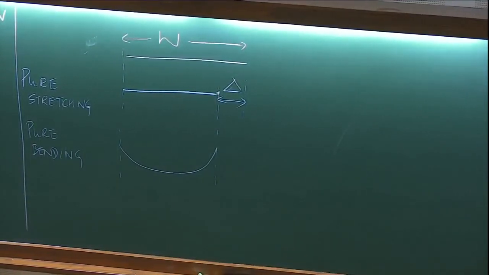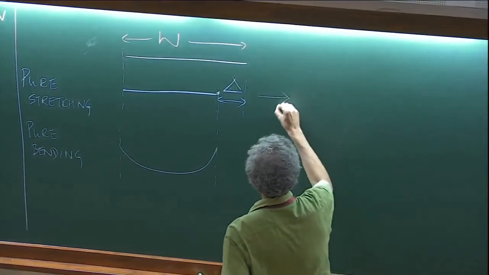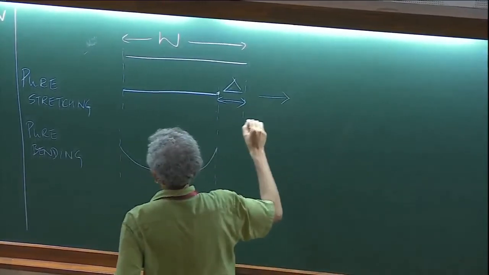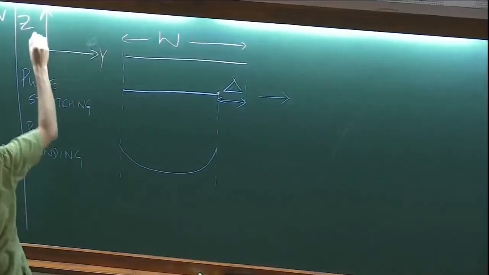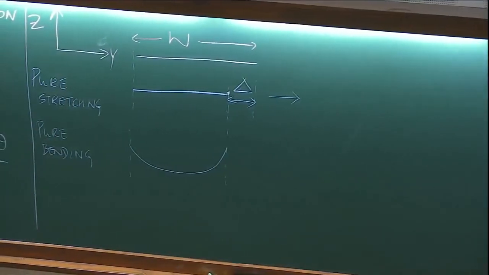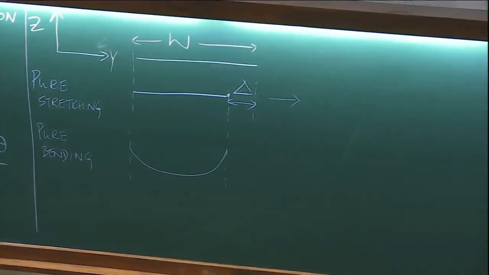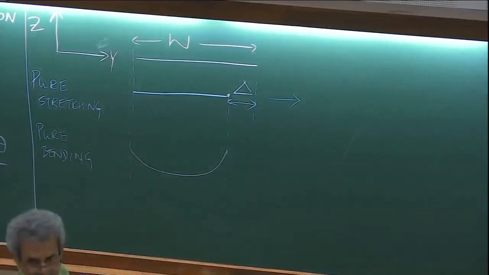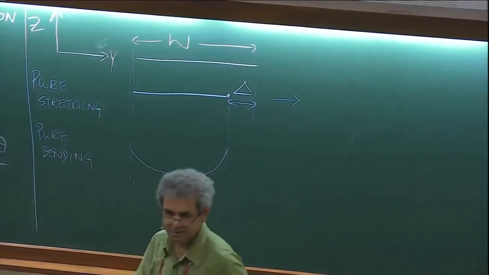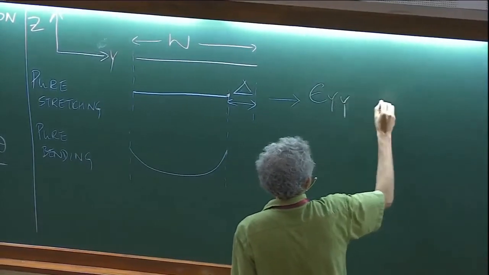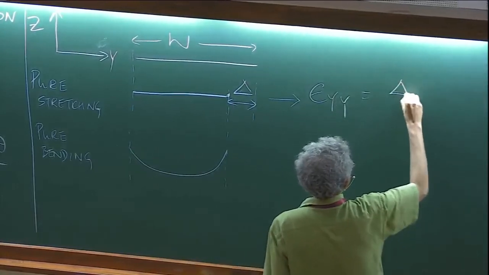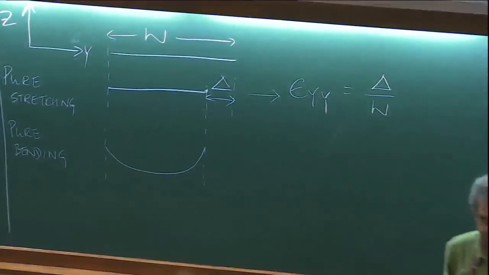All right, so pure compression is straightforward. Again, as always, this is the y direction, this is the z direction, and the direction coming out of the board is infinitely long. Let's make it a really one-dimensional problem, so you have something that comes out as far as you like, with no dependence on x. So epsilon yy is just delta over w.